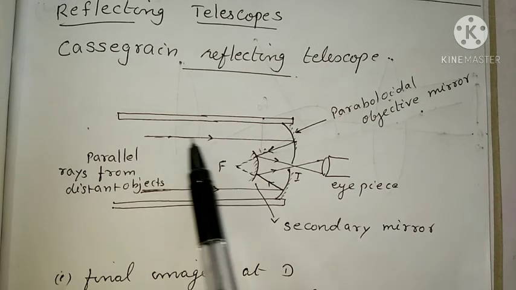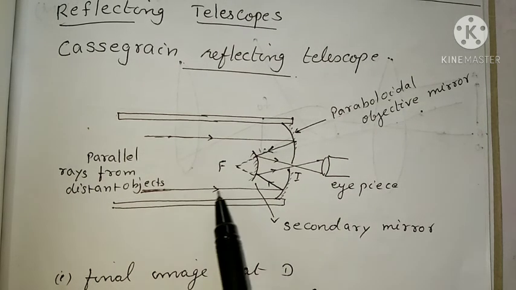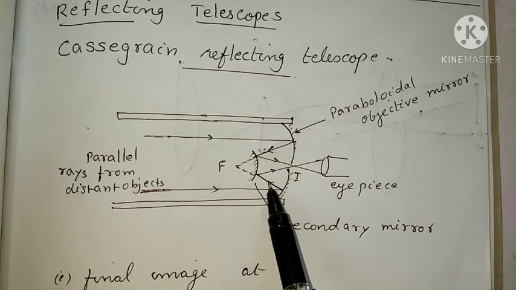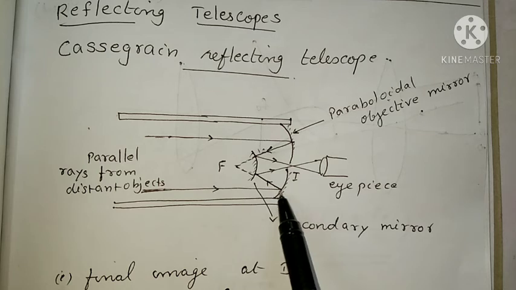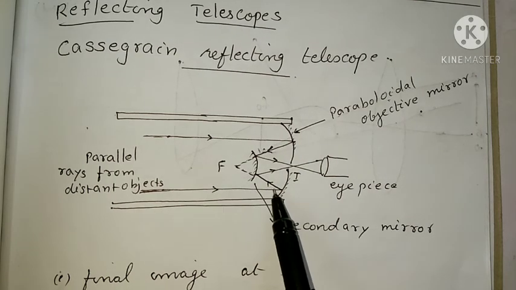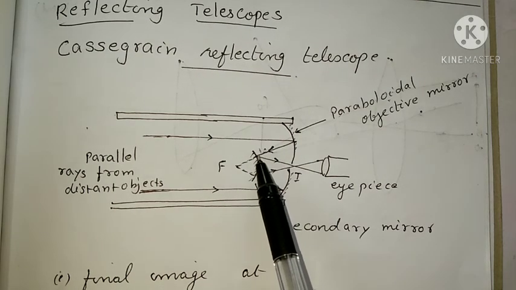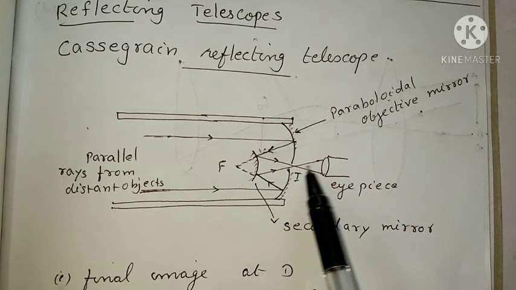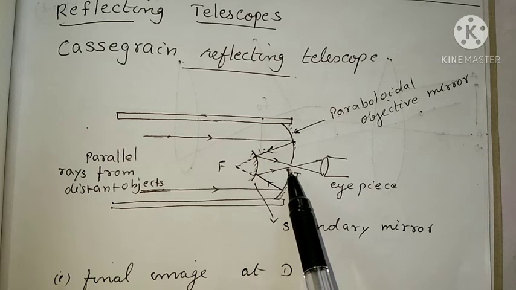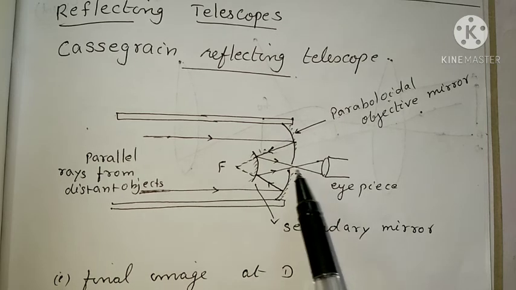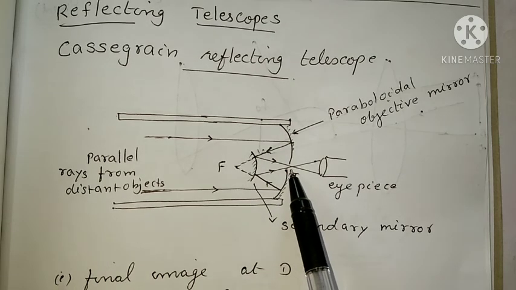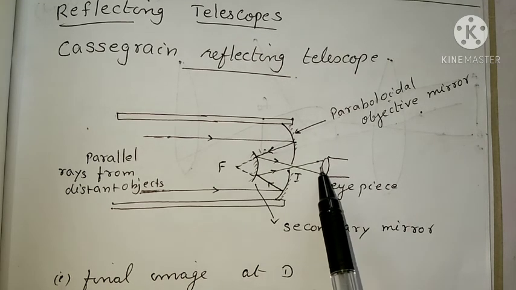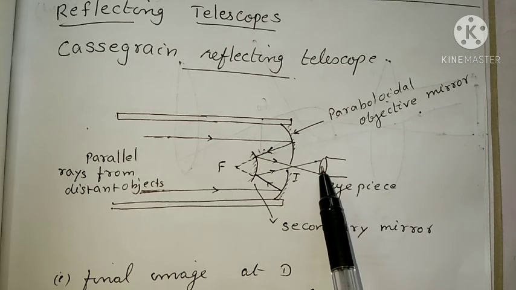The parallel rays from a distant object are reflected by the large concave mirror, and before these rays come to focus at F, they are reflected by the small convex mirror and converged to a point I, just outside the hole. Then the final image formed at I is viewed through the eyepiece.